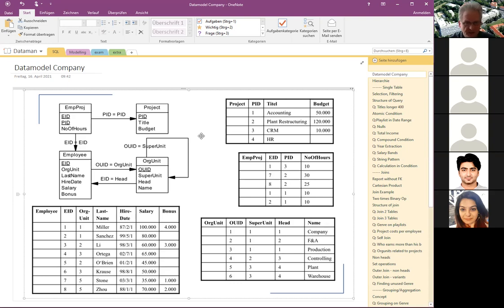A foreign key, if we implement tables within a database system, we designate a column as a foreign key if it points to the primary key of a second table.